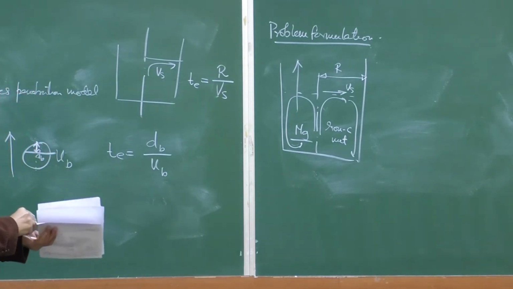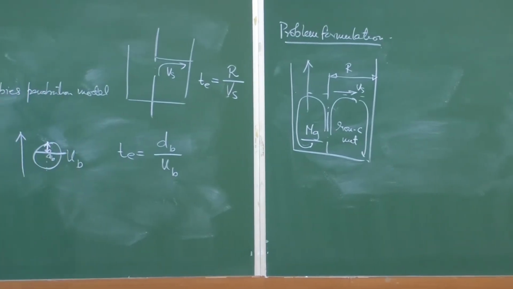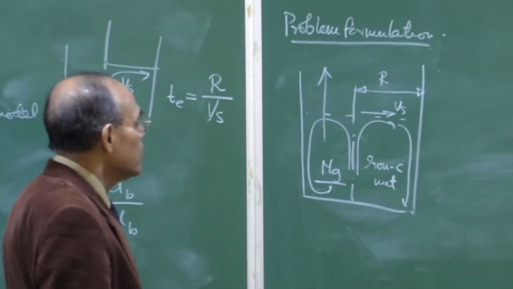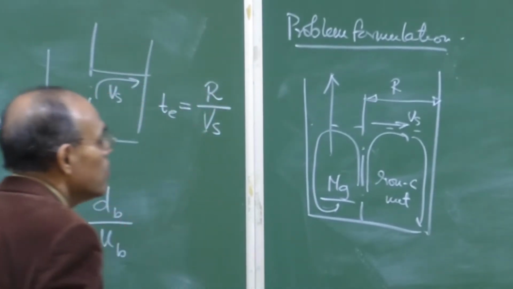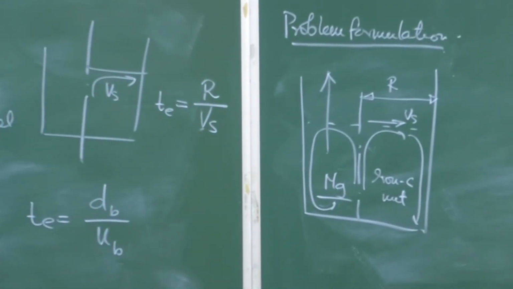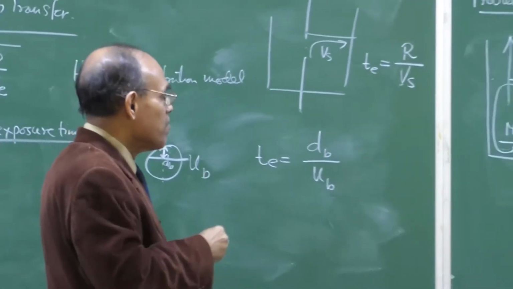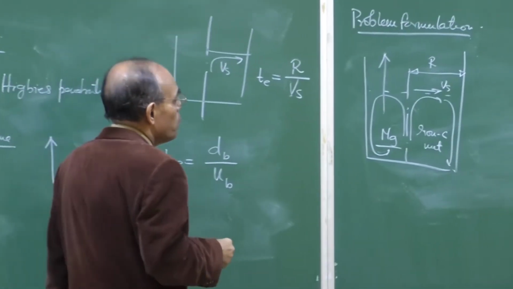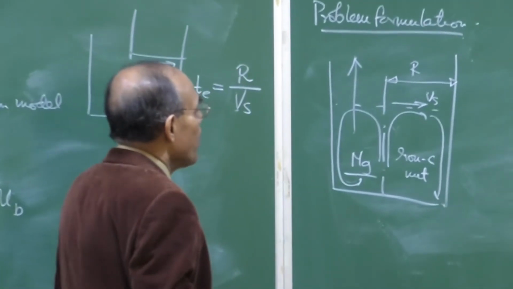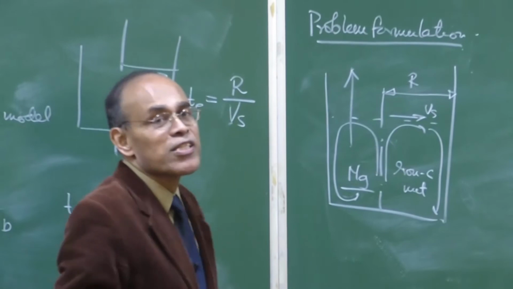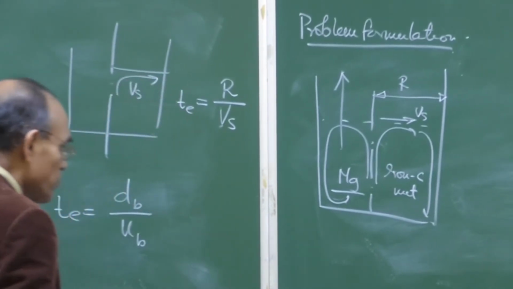We want to find out, as a function of time as the processing goes on, how the magnesium concentration changes, and suppose if the magnesium falls below a threshold level, the spheroidizing action is not complete. So, we want to find out a critical time by which the magnesium concentration in the bath has fallen to 50% of the initial concentration.